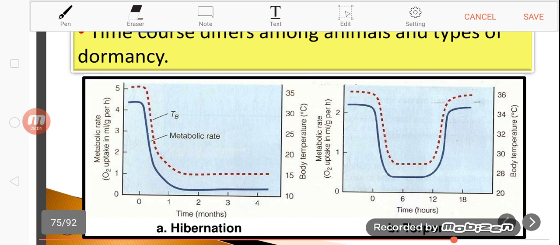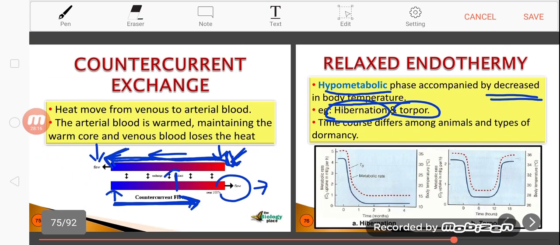For certain hours they will stay dormant to conserve heat in their core body temperature, so less heat exchange or heat loss. Do your own reading or research on hibernation and torpor, please.